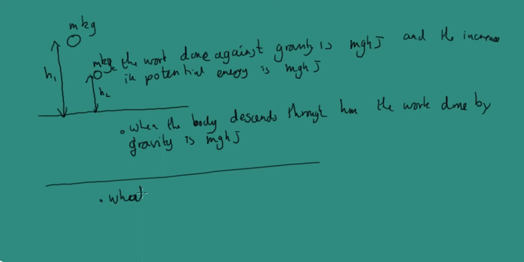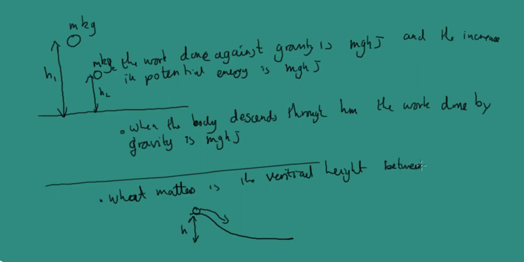So if you think of, say we've got a slope and the ball's going to go down the slope, what we're interested in is the vertical height between the top and the bottom. So I hope that makes sense.